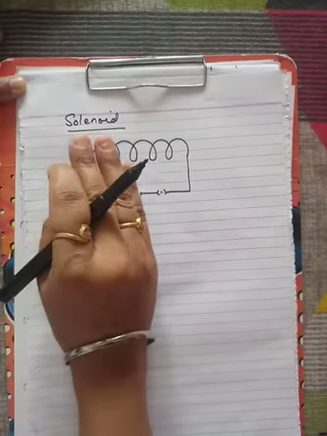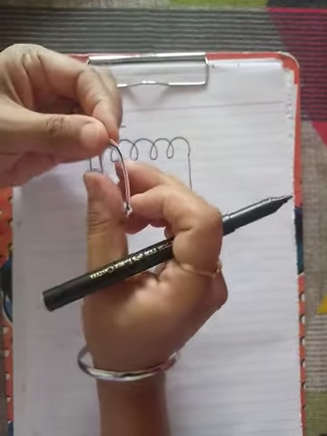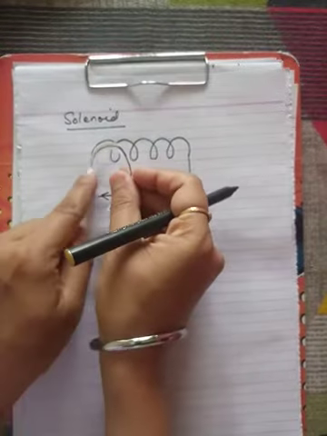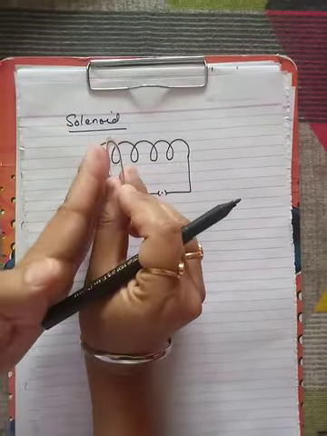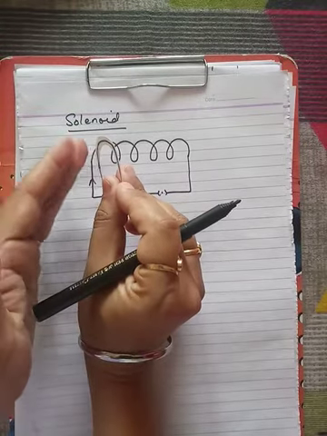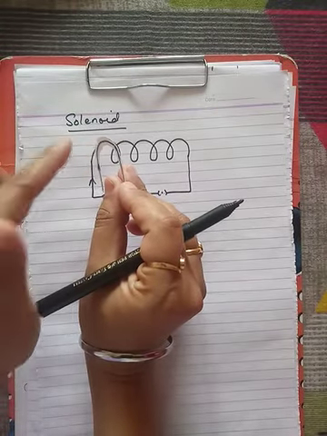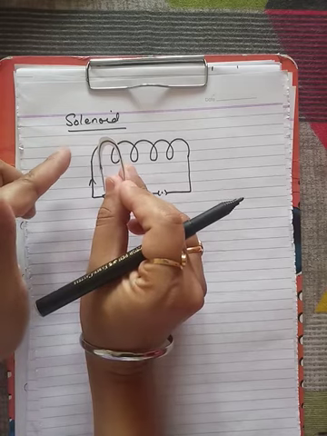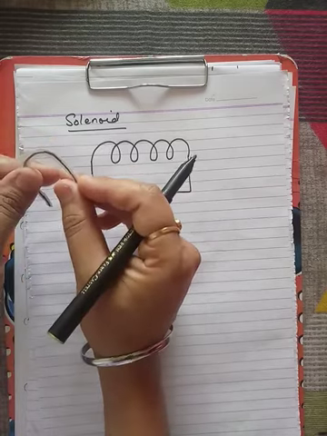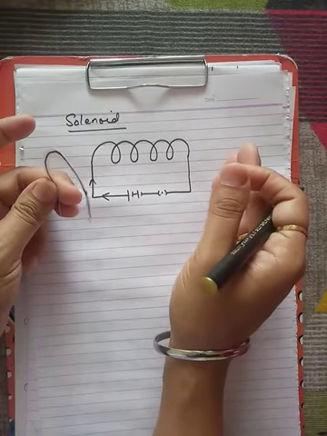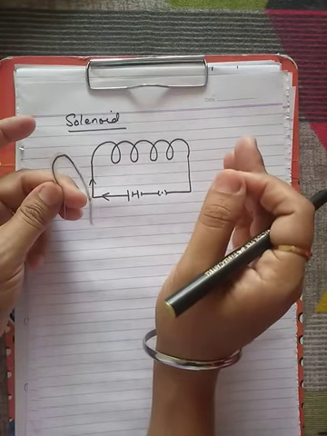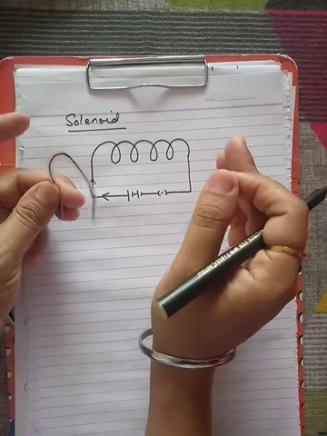If I see from this side, this is the first loop. If we see from this side, this will be clockwise direction, and this side of the solenoid will create a south pole. And that side will create a north pole. Let us first see the shape of the magnetic field lines.